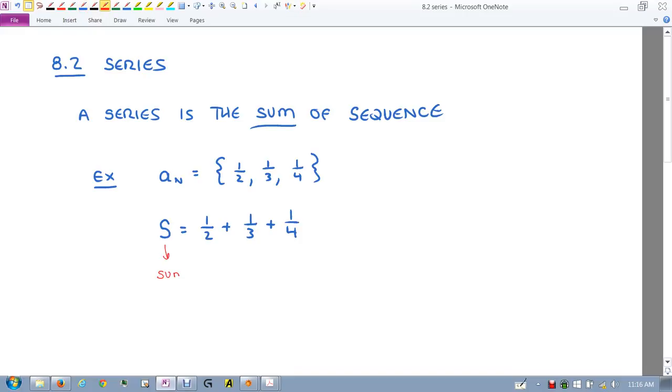This is the sum of the sequence, right? And so really this whole thing right here, or I should say the right side of that, is the series of that sequence.